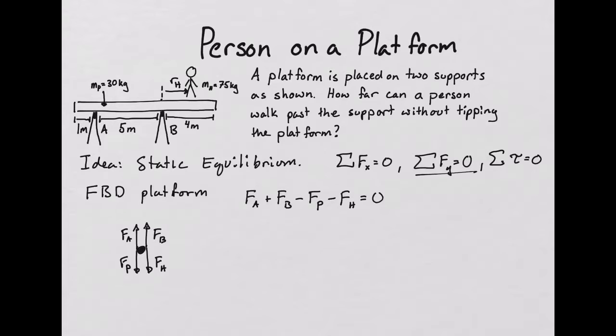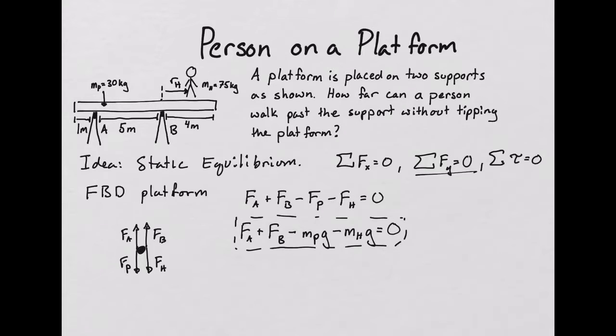Now I'm going to use the formula for gravity to replace FP and FH with their masses. This gives me FA plus FB minus the mass of the platform times gravity minus the mass of the human times gravity is equal to 0. This is one of those equations that I will use to solve the problem.